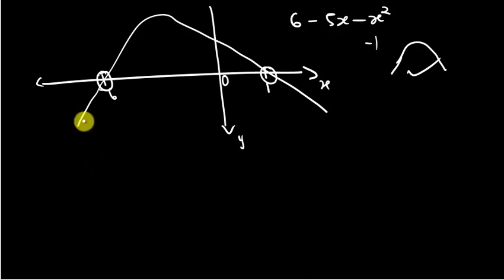Now, what we have to do, we have to consider the inequality sign. It was greater than 0. So when drawing your graph, what you have to take note of is this particular sign, that is the greater than sign here. The implication is shade the part of the curve which is above the x-axis, and it is this part.